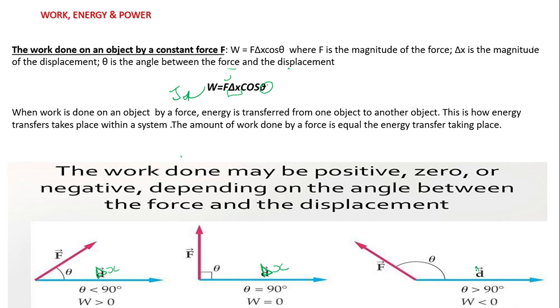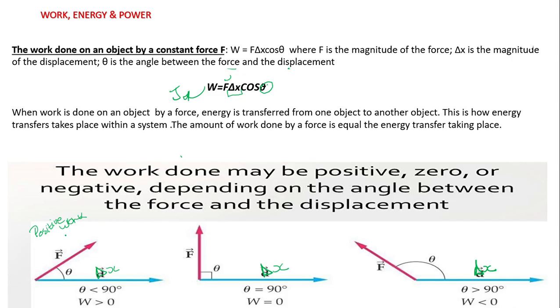Here we have positive work. When we do positive work, our angle must be less than 90, and we're going to have positive work.